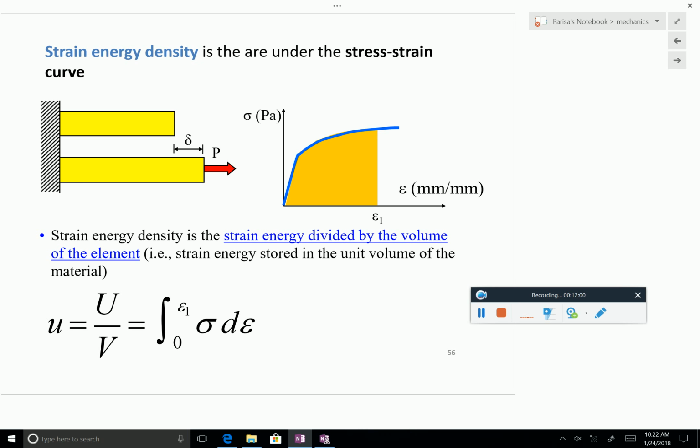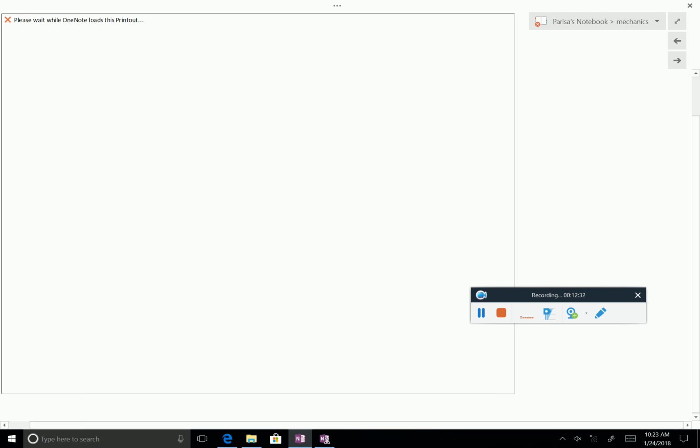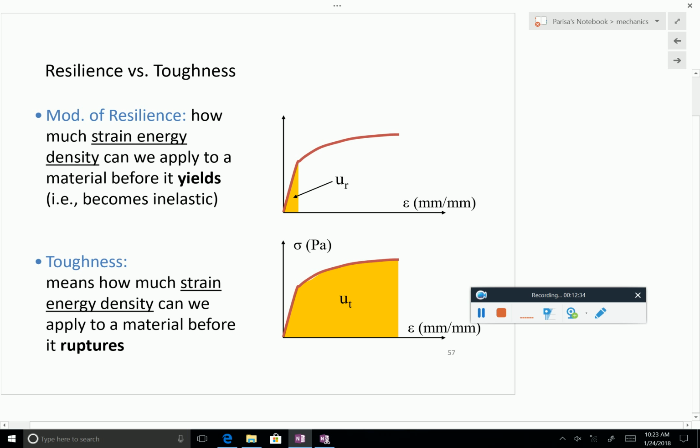And instead of calculating the area under force displacement, you're looking at the area under stress strain here. So now that hopefully this is clear, let's introduce these two parameters.